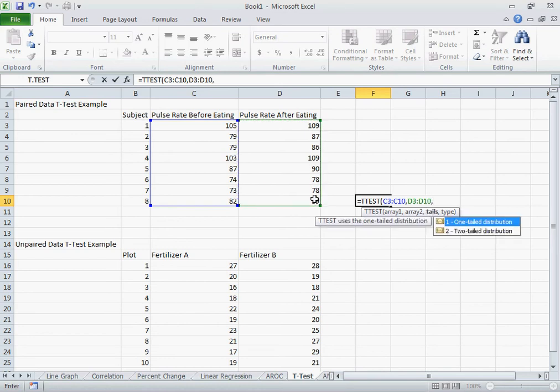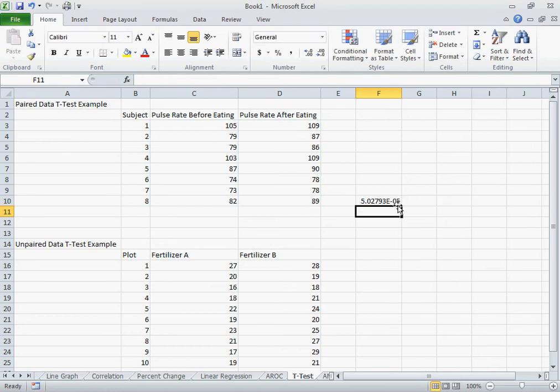Then it's asking for tails, and in biology 99% of the time we're always going to use 2 tails, so just go ahead and in yours use 2, comma, and now it's asking for type. Because this is paired, we're going to put in a 1, and we're going to close the bracket and hit enter.